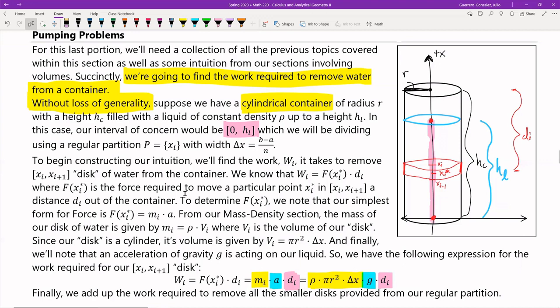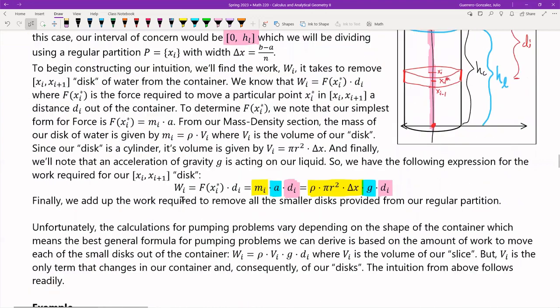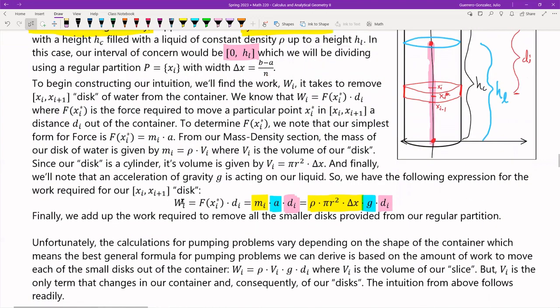All of those are completely valid shapes for a tank. Because the shape of the tank can vary, there's no flat integral that we can use to find the work to empty out the tank.